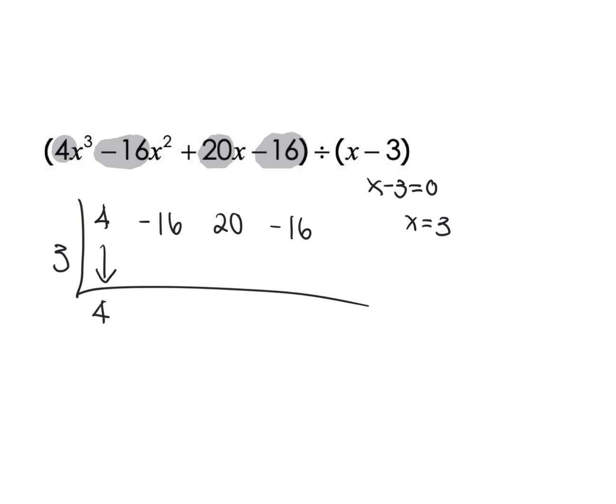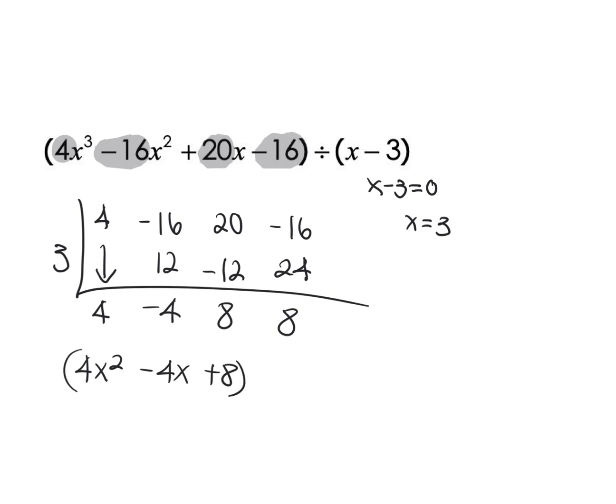Bring down the 4, 3 times 4 is 12, negative 16 plus 12 is negative 4, 3 times negative 4 is negative 12, 20 plus negative 12 is 8, 3 times 8 is 24, negative 16 plus 24 is negative 8. So we write this as 4x squared minus 4x plus 8 plus 8 over x minus 3. So that's our final answer.